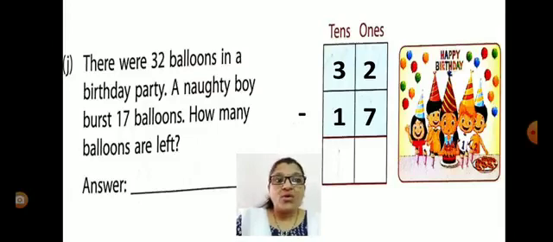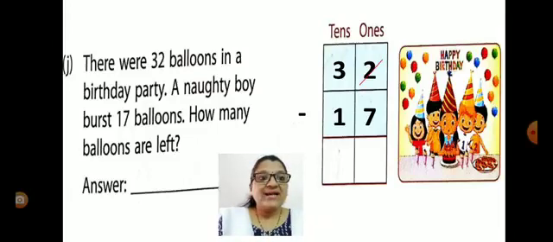Hence, we will borrow 10 from 3 at tens place. So we will cut number 3 and write number 12 above the 2. Now we can subtract 7 from 12. So what will be the answer? Yes, number 5.